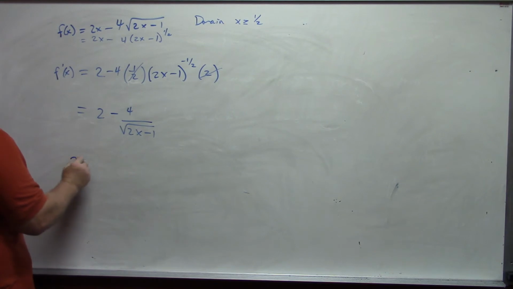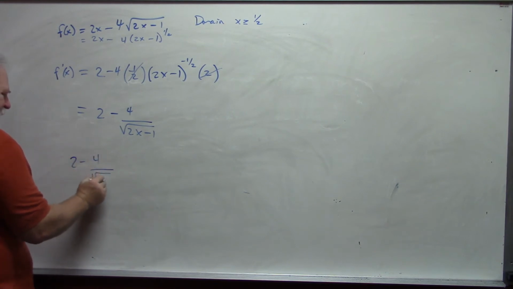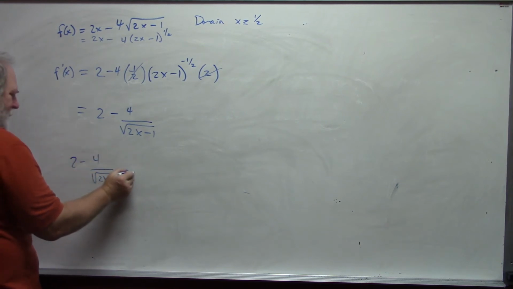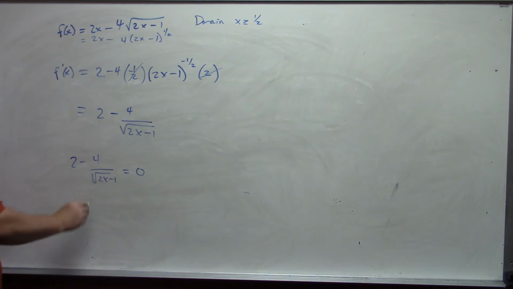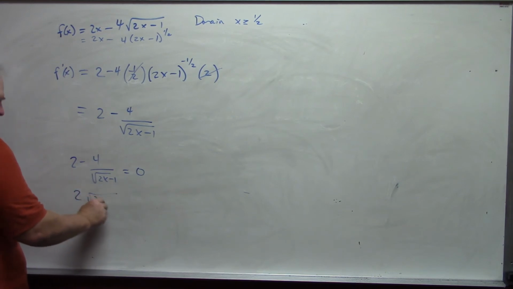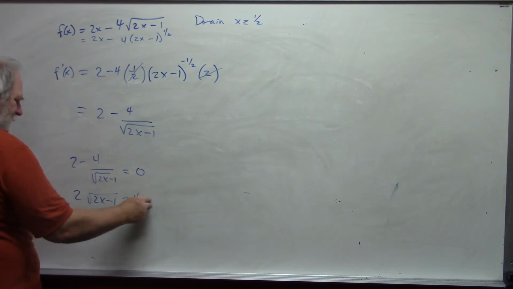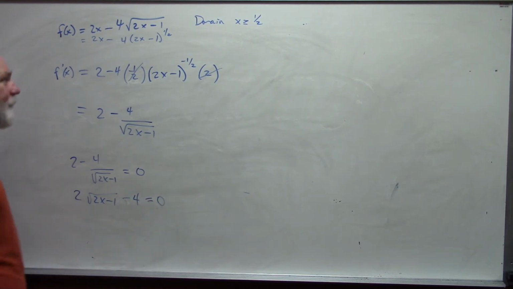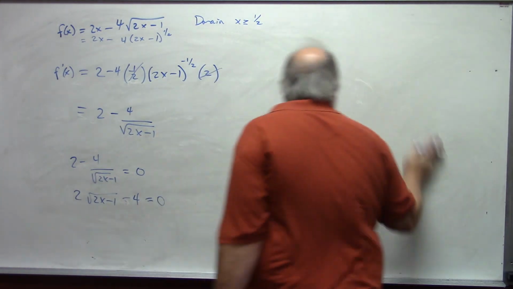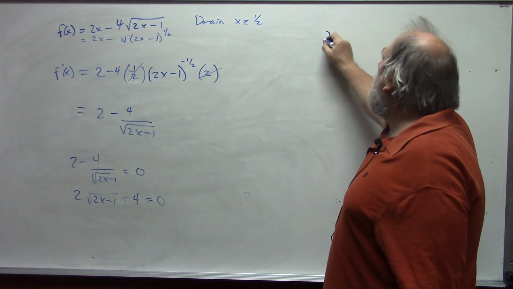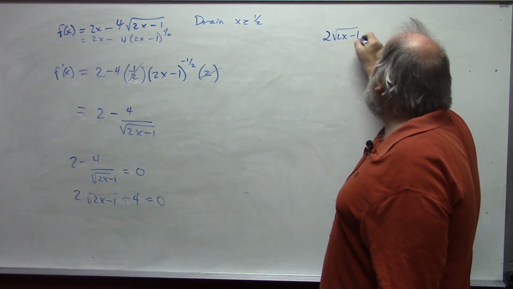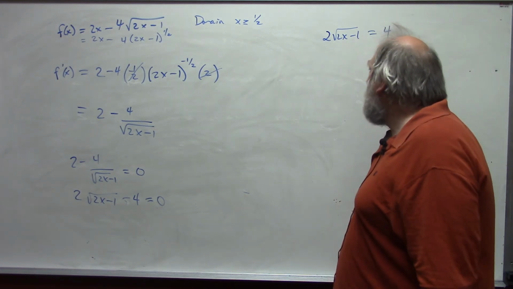We do need to know where this derivative is equal to 0 to find my critical value. And so we get 2 square roots of 2x minus 1 minus 4 is equal to 0, or 2 square roots of 2x minus 1 is equal to 4.